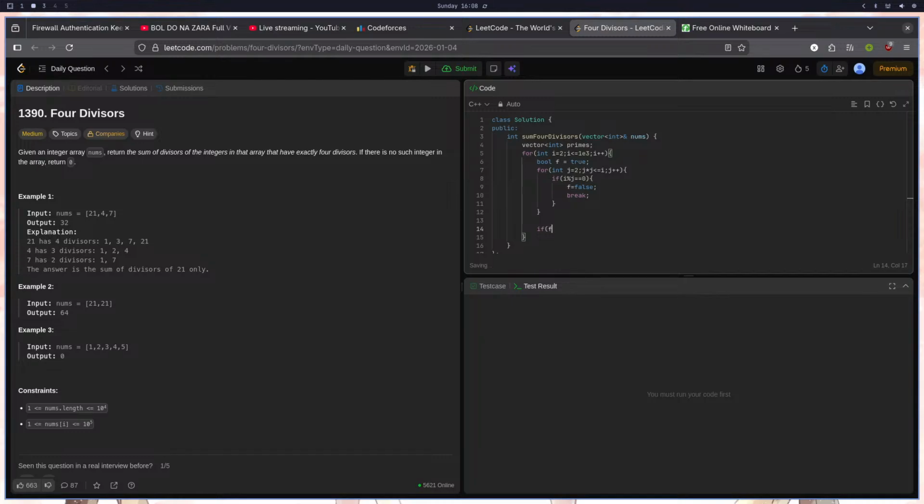If f, primes.push_back(i). And f = 0, for auto it in nums.